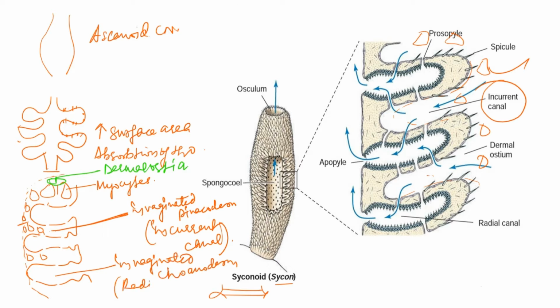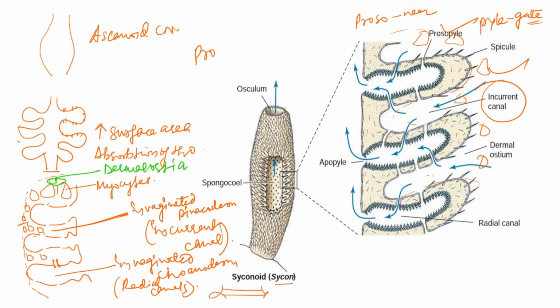These are called radial canals. So water is entering into these radial canals through another opening which is called prosopyle. Prosos means near and pyle means gate, gate meaning the body wall.